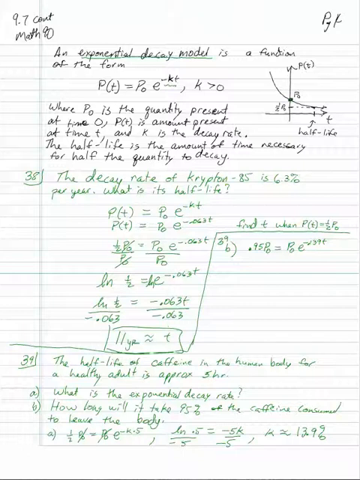Again, I'm going to divide by P sub 0, so those cancel. So I got 0.95 equals e to the negative 0.139t.